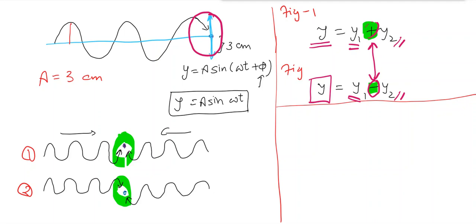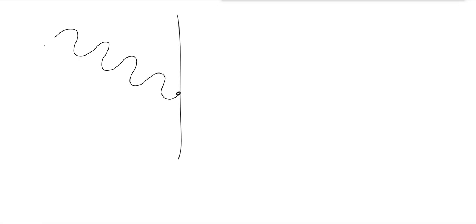Now, what do you mean by constructive interference and what do you mean by destructive interference? Let us consider example of light wave, and with the help of light wave, we'll see what is constructive and destructive interference. So, in case of light, suppose on a screen I have some wave incident which is producing some electric field here.